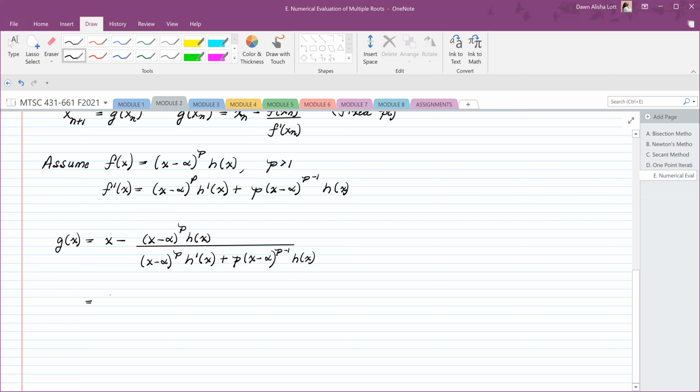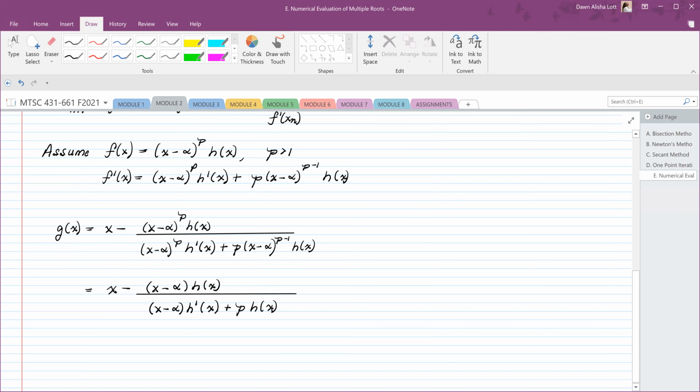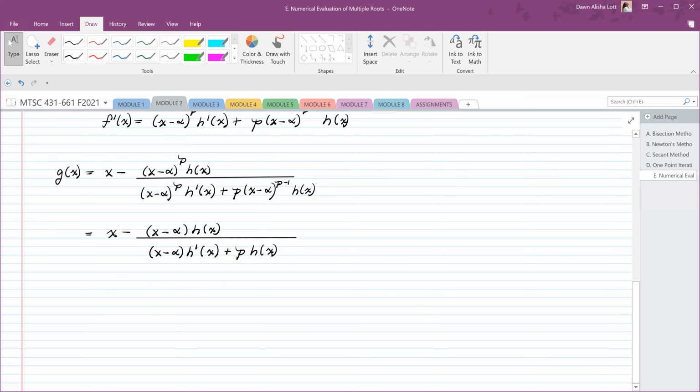We're factoring out (x minus alpha) to the p minus 1. So we get x minus alpha to the first power in the numerator, and in the denominator we get (x minus alpha) times h prime at x plus p times h at x. Okay, so now let's look at the derivative of this function.